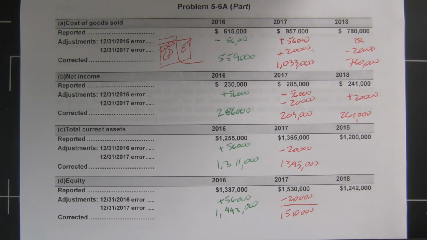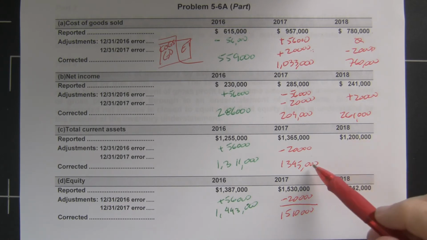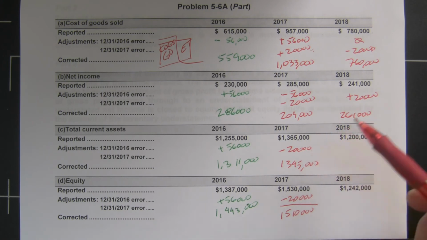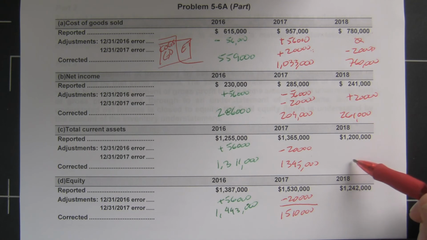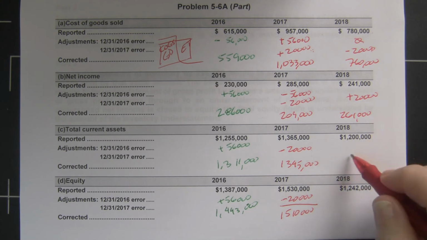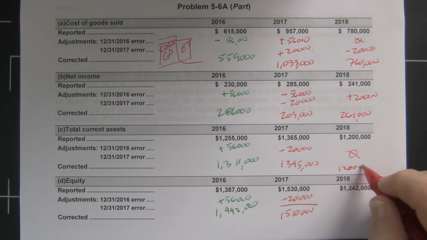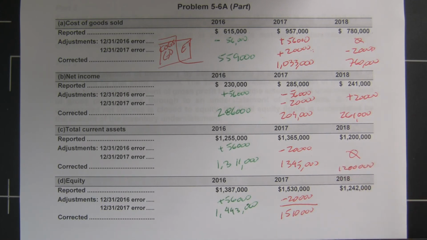Now, the current assets, we took care of that here, okay? Are the current assets affected in 2018 by 2017's error? No, we're assuming that they could count, so we don't have to make any adjustment to current assets, because that would only be if they made a new error this year, which we're believing they didn't do.